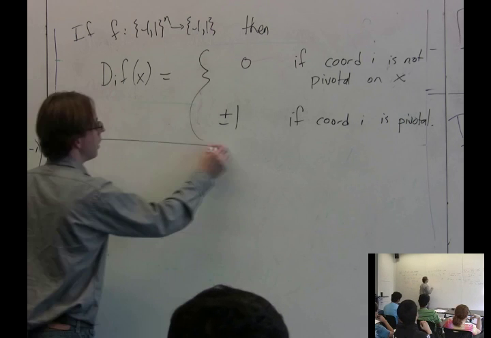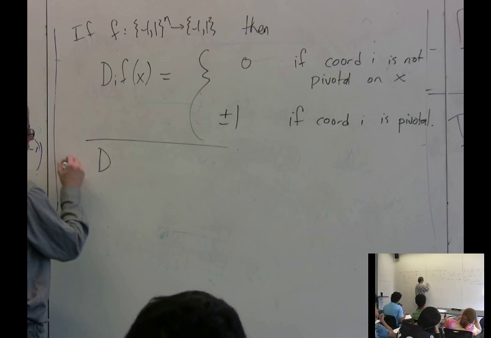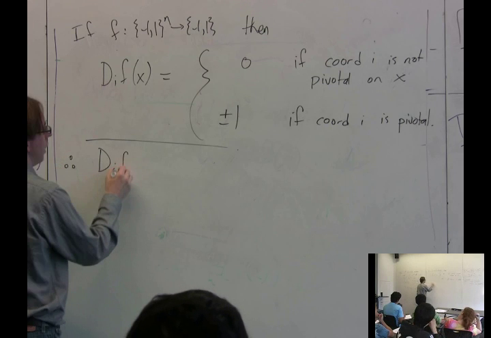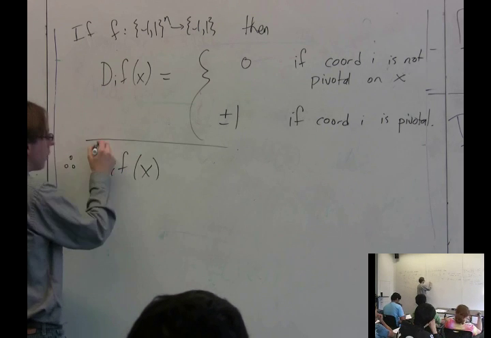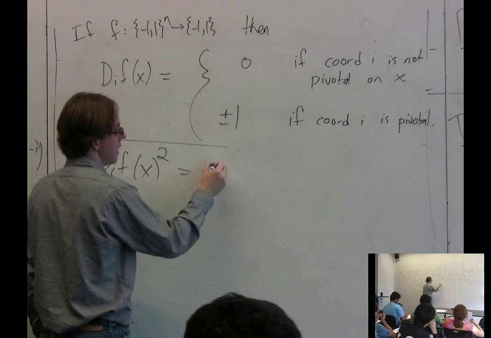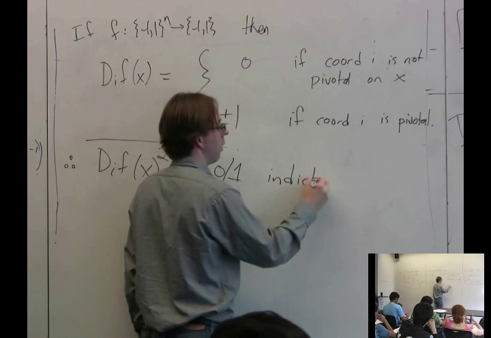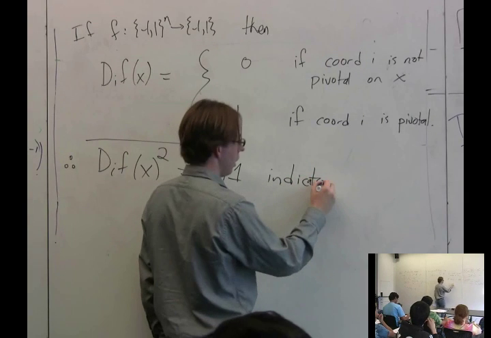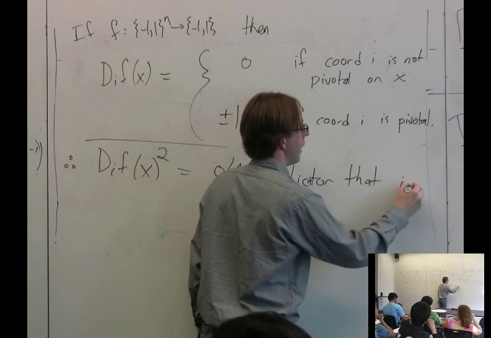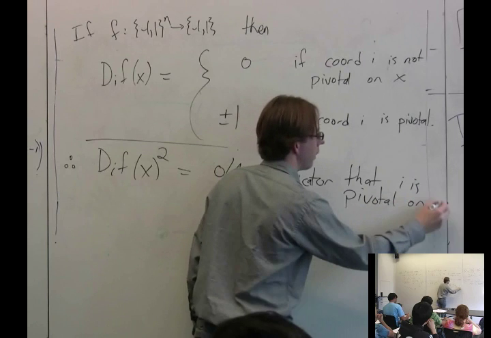In particular, knowing that, if we were to square this function, D i f of x squared, that would give us the 0-1 indicator that i is pivotal on x.